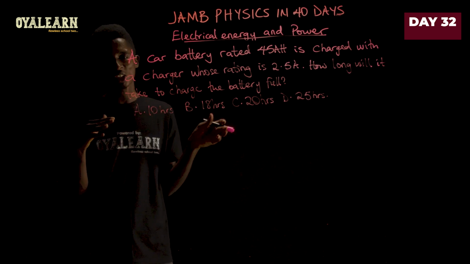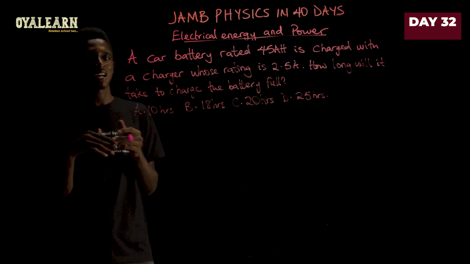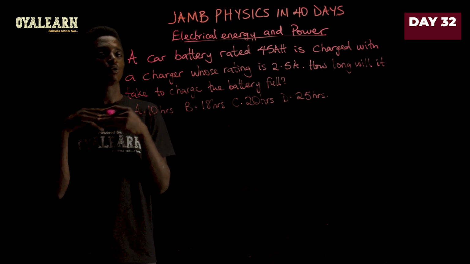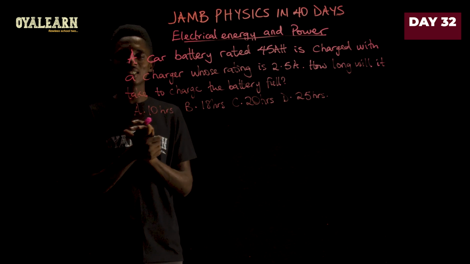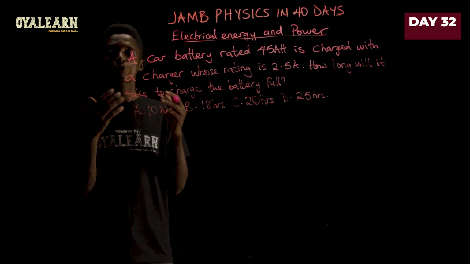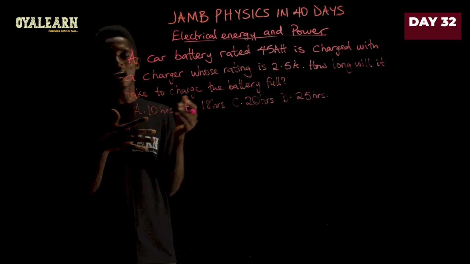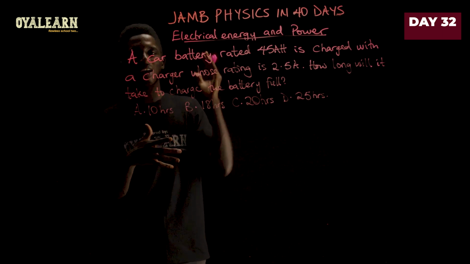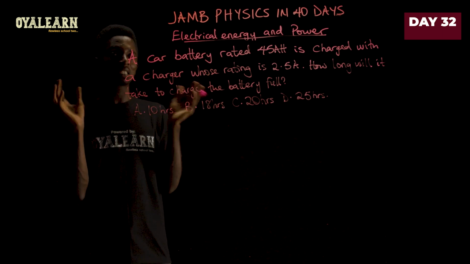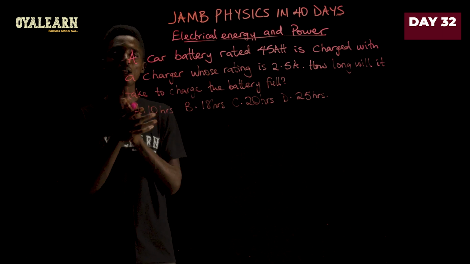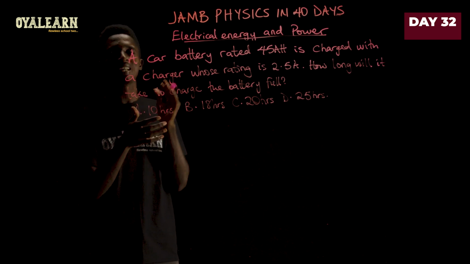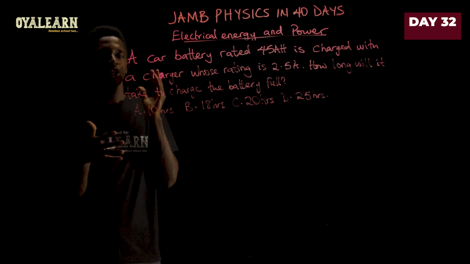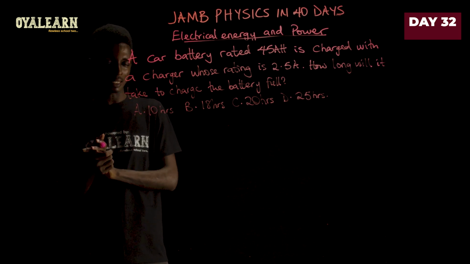You have the 2 amps charger, you have the 2.5 amps charger, and even nowadays you get up to about 3 amps charger for some kind of devices that charge fast. So those super fast chargers sometimes get up to 3 amps, some up to 3.5 amps. So when you find the ratio between them, you can get the amount of time it takes to charge such batteries to full capacity.